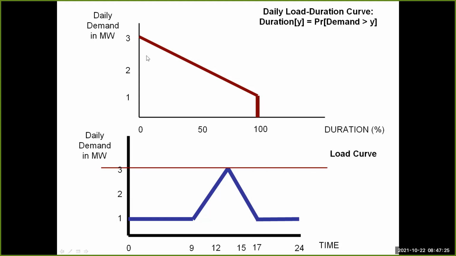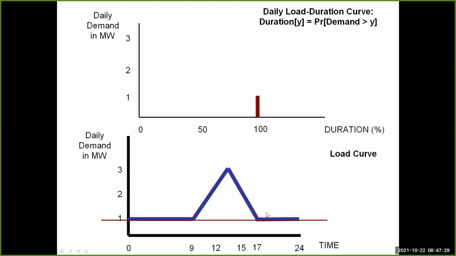This suggests a smooth transition here. But wait a second. We have here a discontinuity, right? Once we pass 1, we should have a huge drop in the duration, because suddenly the time that it's bigger than 1.1 is not 100%.